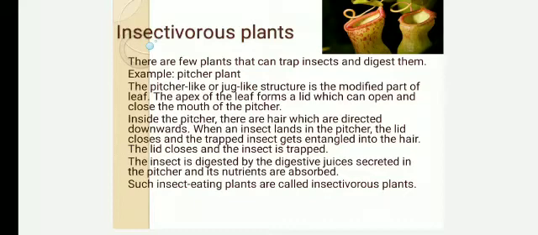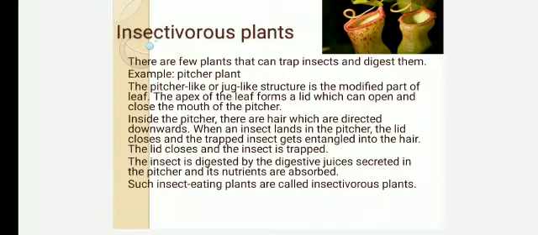When an insect enters the pitcher, the lid closes and the insect gets trapped and entangled in the hair inside the pitcher.